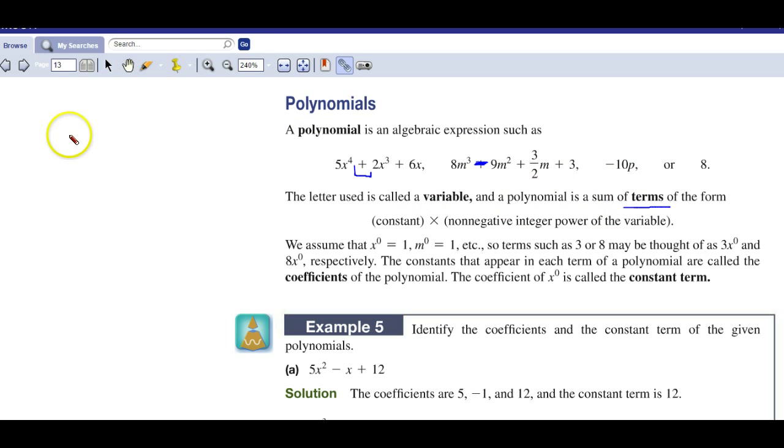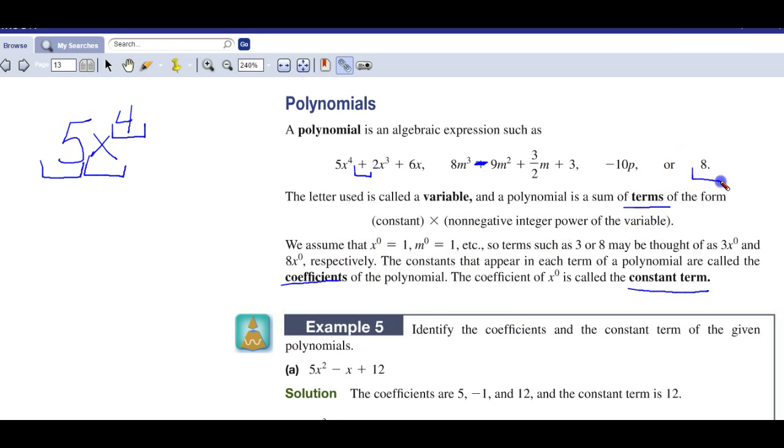And within a term, such as this one, 5x to the 4th, we have a variable, which is a letter. We have an exponent. And the number part of a term is called the coefficient, or the constant term.